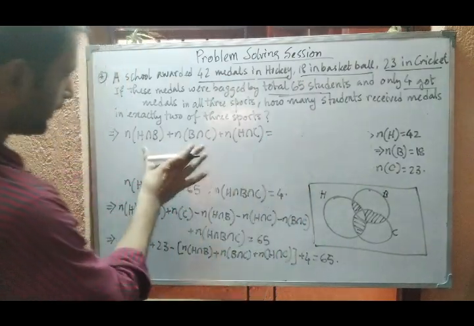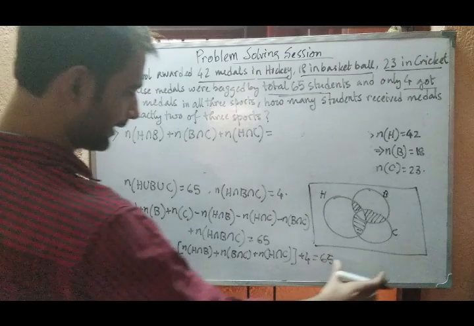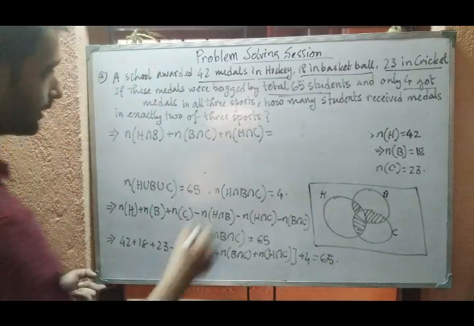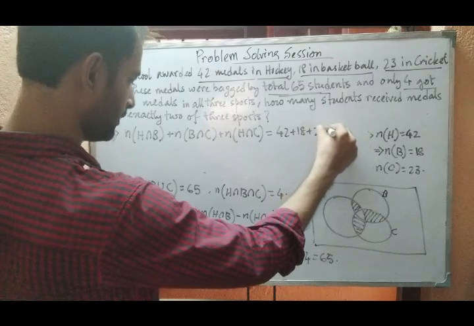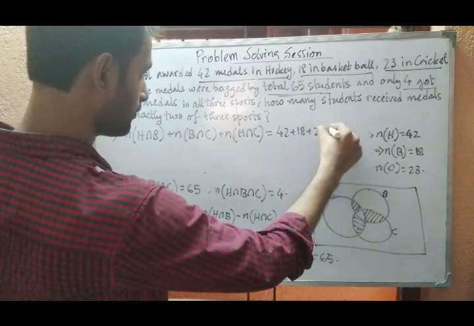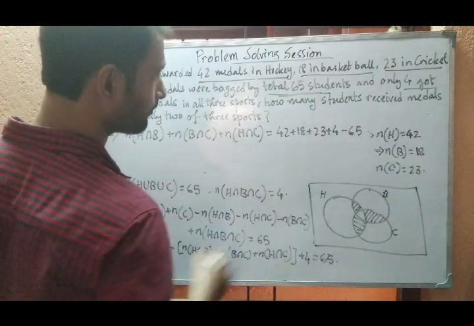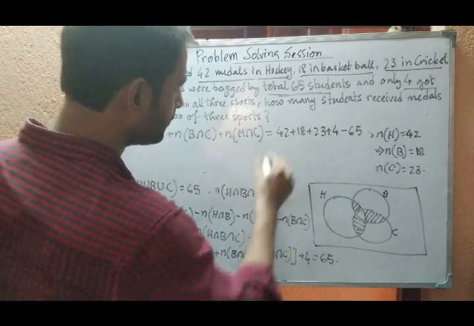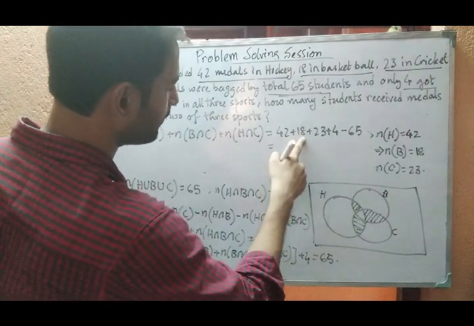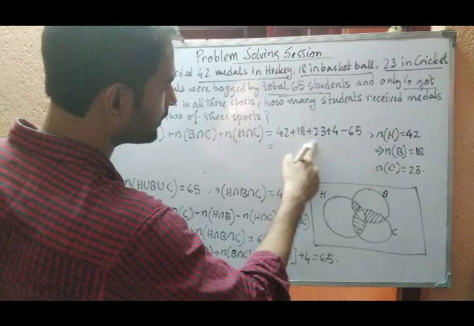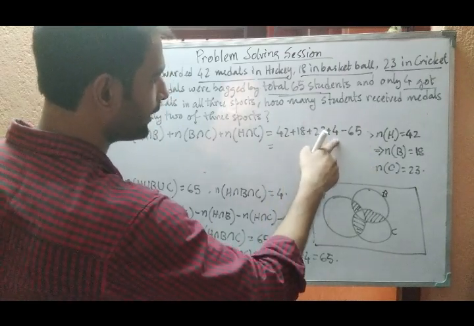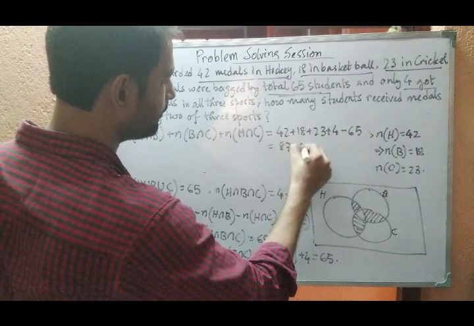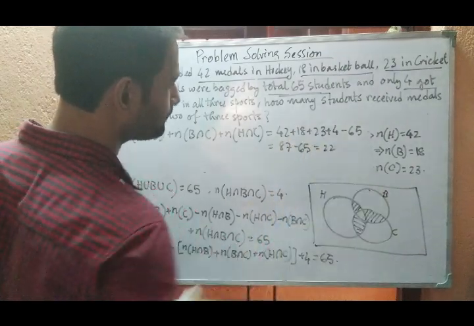Okay, sorry. So we are taking this part in the right hand side and 65 in the left hand side. So it will be 42 plus 18 plus 23 plus 4 minus 65. See how much it is coming? 42 plus 18 is 60. Then 23 means 83. And 4 makes 87. So 87 minus 65 is 22.